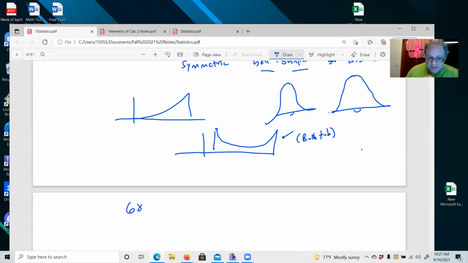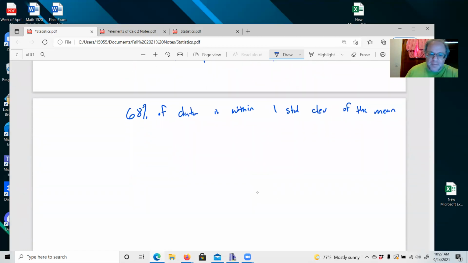So we're going to know that 68% of the data, of the observations, is within one standard deviation of the mean. This is listed in your book too, so you don't have to deal with my crummy handwriting. 95% of your data is within 2 standard deviations of the mean.